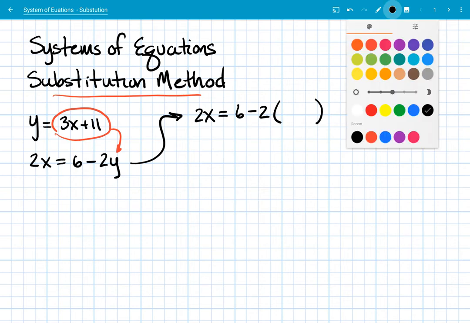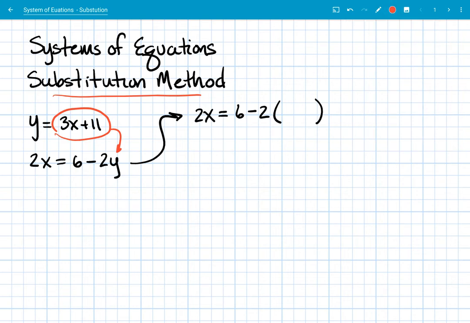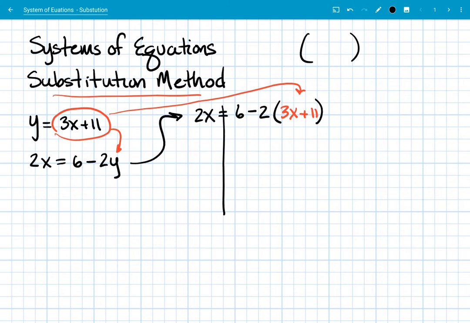But now, instead of y, I can take this quantity and substitute it into the place of y. That's the substitution step. So now I have this equation, and it's just in terms of x. And if I solve that equation, that'll give me the x value of the point of intersection.